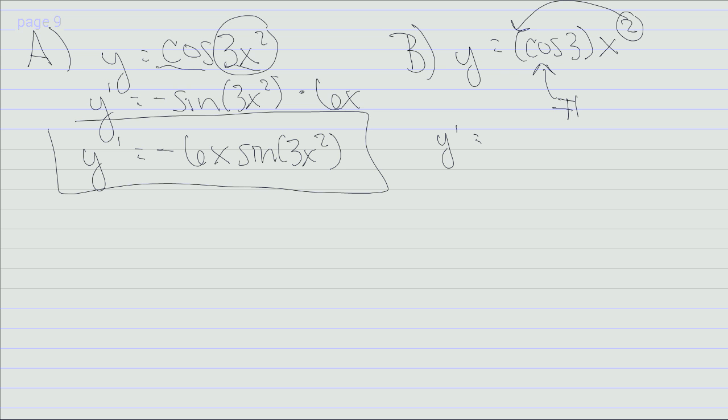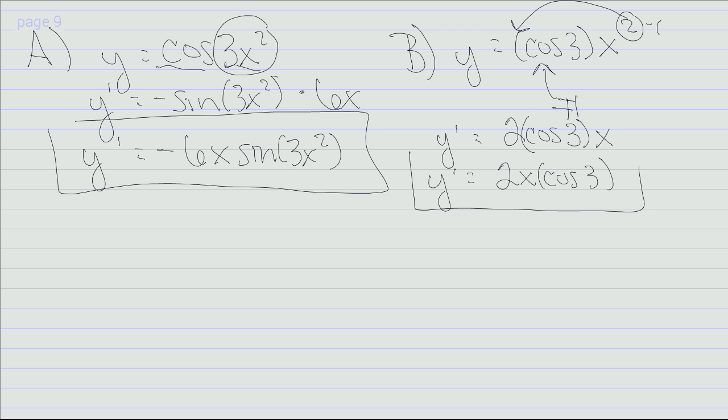So y prime is equal to 2 times cosine 3 x, now to the first power because we subtracted 1. Or, it looks a little bit nicer to write y prime is equal to 2x times cosine 3. Not too picky there. But it is important to recognize that the cosine of 3 is simply a number.